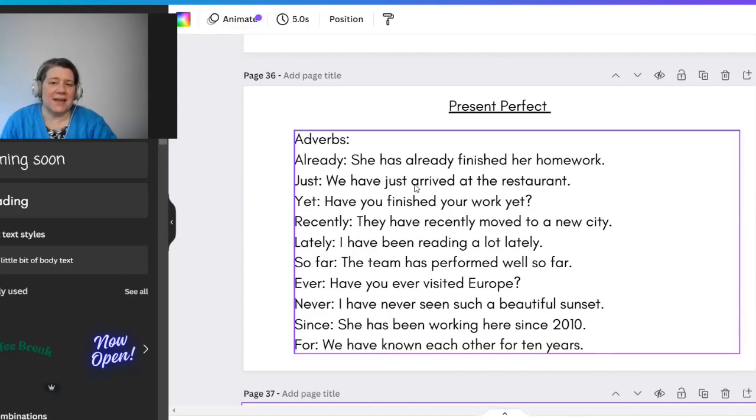Just, again, between. Yet, recently, lately, so far, ever, never, since, and for. Those are very common adverbs that we use to indicate the present perfect.